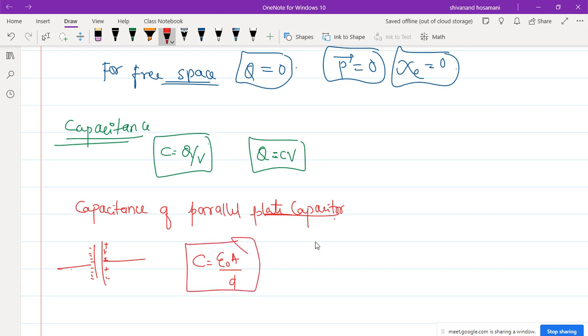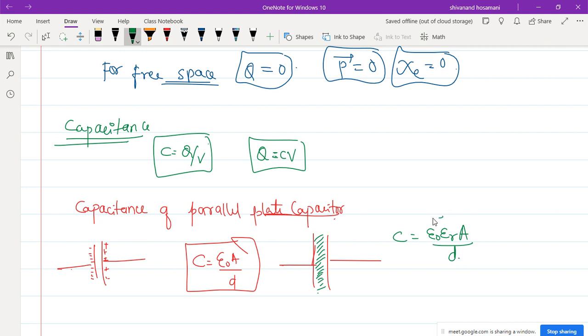If the same parallel plate capacitor is filled with a dielectric of constant epsilon r, then we define C is equal to epsilon naught epsilon r A divided by D, right?